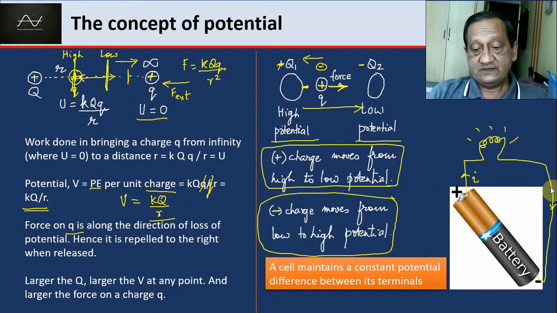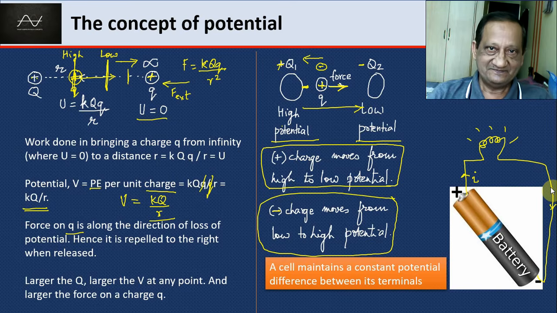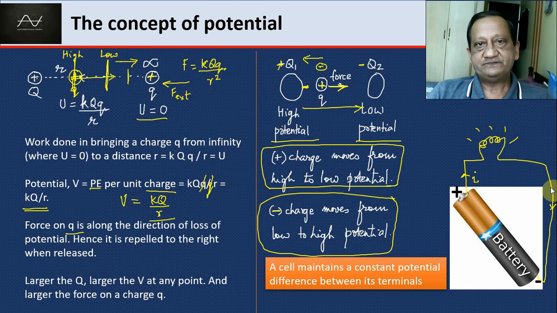So how does this cell maintain the potential difference? That is due to chemical action. A cell is able to maintain a potential difference across its terminals by chemical action. This particular cell contains zinc and ammonium chloride. Your mobile phone battery is lithium ion.